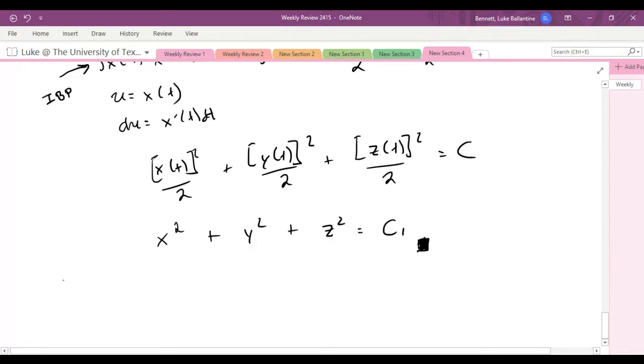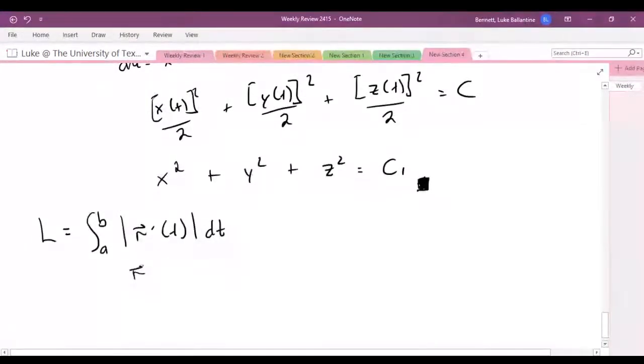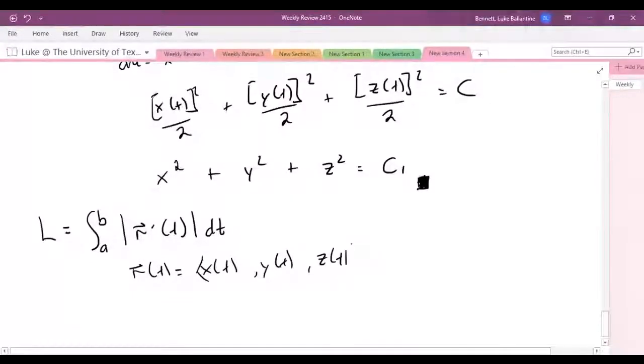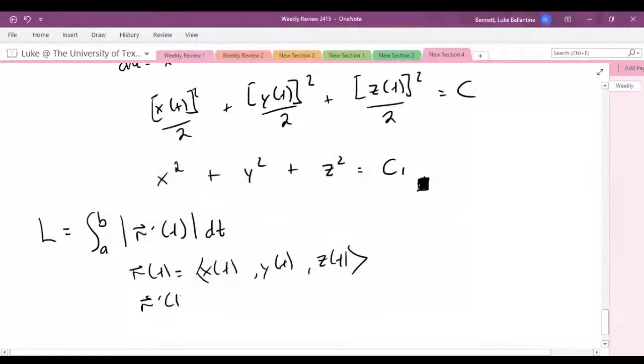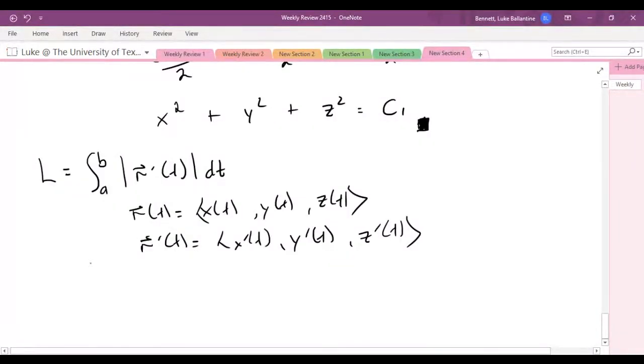So arc length, as we know, L is equal to, here's our formula, the integral from A to B of the magnitude of R prime of t dt. So if R of t equals x of t, y of t, z of t, then R prime of t equals x prime, y prime, z prime, and then we get the magnitude of this vector.